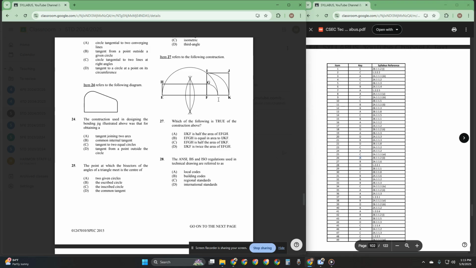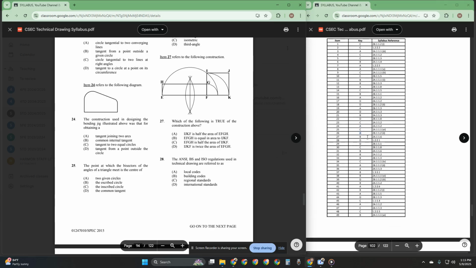IJKF is half the area of EFGH. EFGH is equal in area to IJKF. EFGH is half the area of IJKF, or IJKF is twice the area of EFGH.